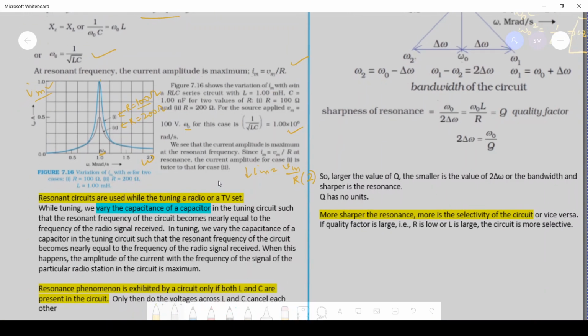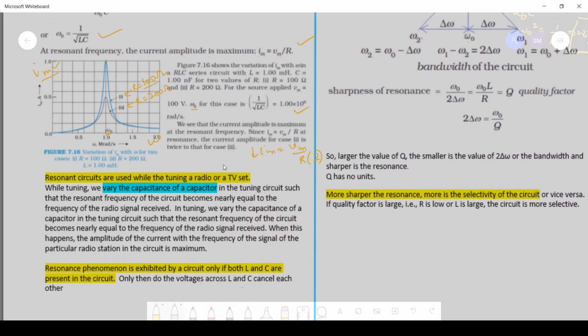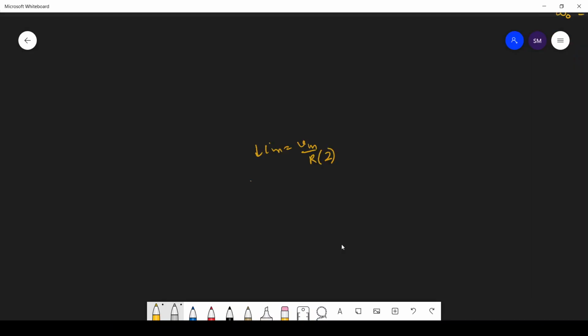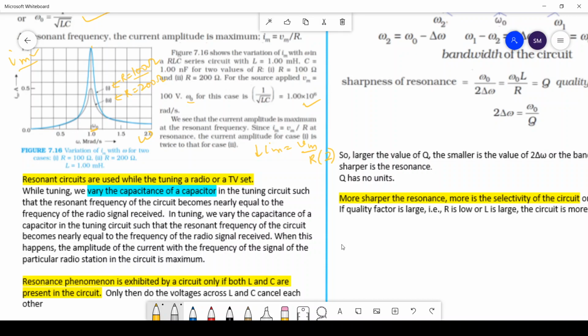While tuning, what do we do? As it is the LCR circuit, we have the capacitor also. While tuning, we vary the capacitance of the capacitor such that the resonant frequency of the circuit becomes nearly equal to the frequency of the radio signal received.